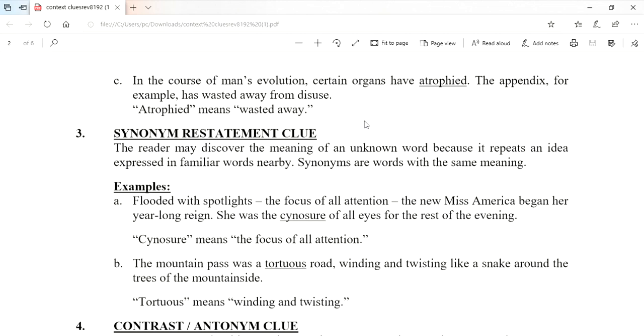Synonyms are words with the same or similar meaning. So you find that a word has been used which is telling you more about that word. That's basically what synonym clues are.